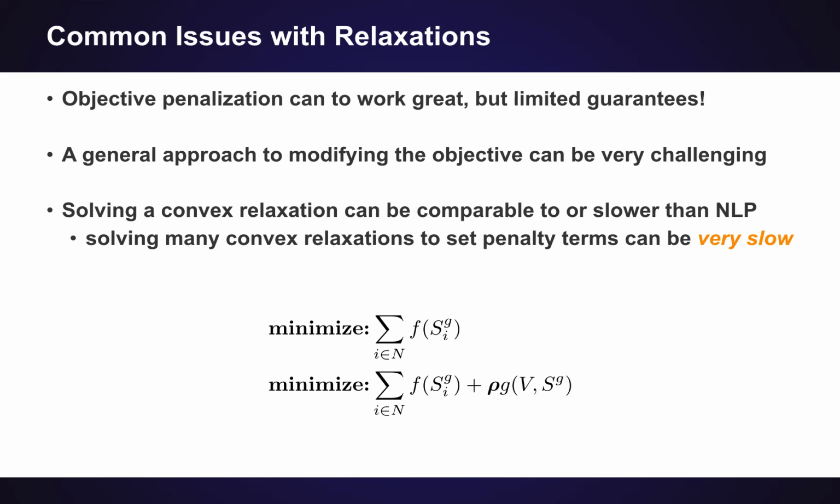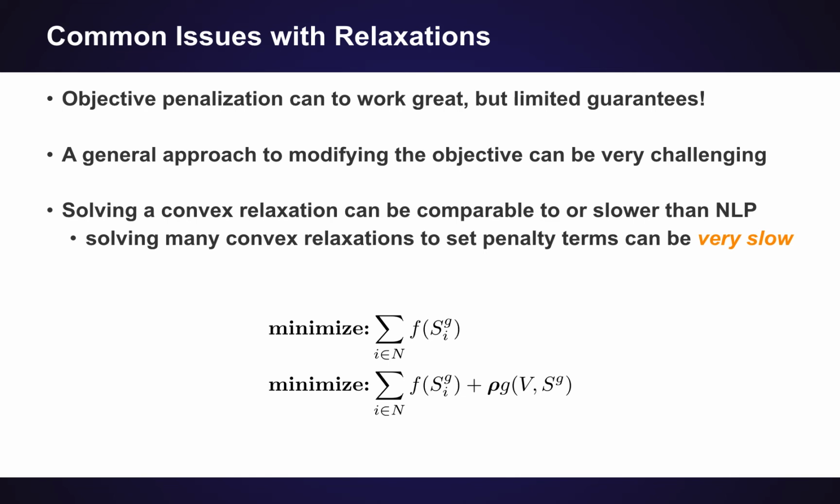So in general, although we have also been talking before about these classes of NP hard problems and problems that are in P, there is a practical side to this where we actually see that solving a non-convex problem, although theoretically can be very hard, in practice can be very fast and can be sometimes much faster than solving convex relaxation. So that is also important to keep in mind when you have to make a choice of whether you are going to use a convex relaxation or just incorporate the non-convex problem directly.